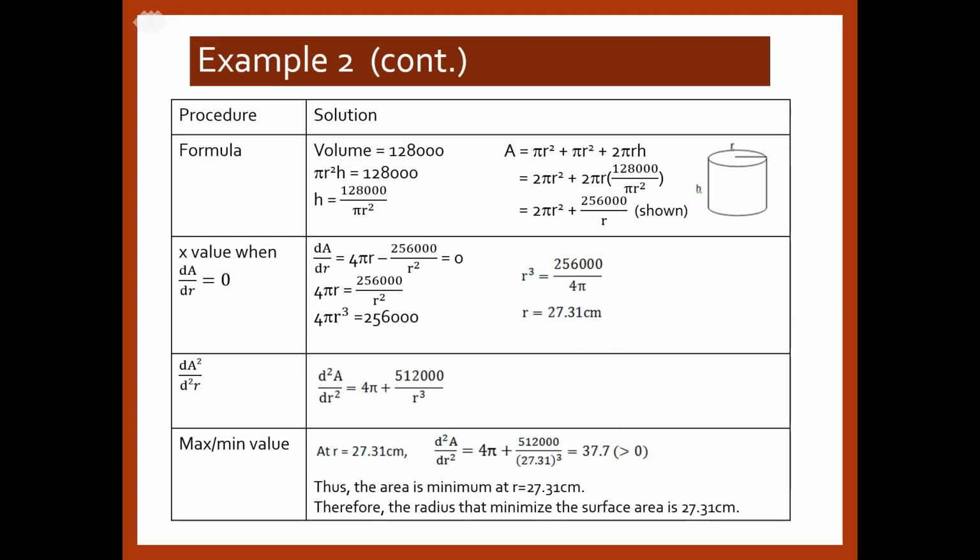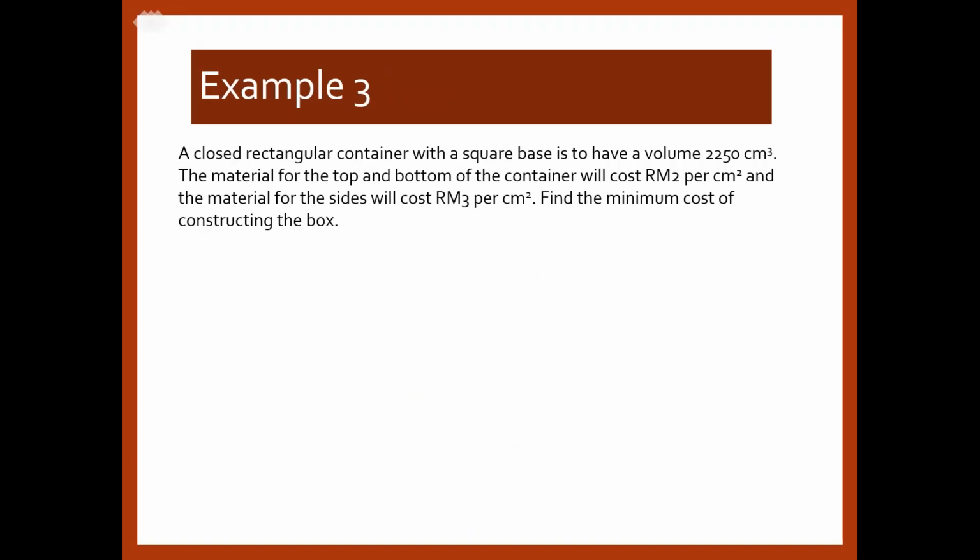Thus, the area is minimum at r equal to 27.31 centimeter. In other words, the radius that minimizes the surface area is 27.31 centimeter.